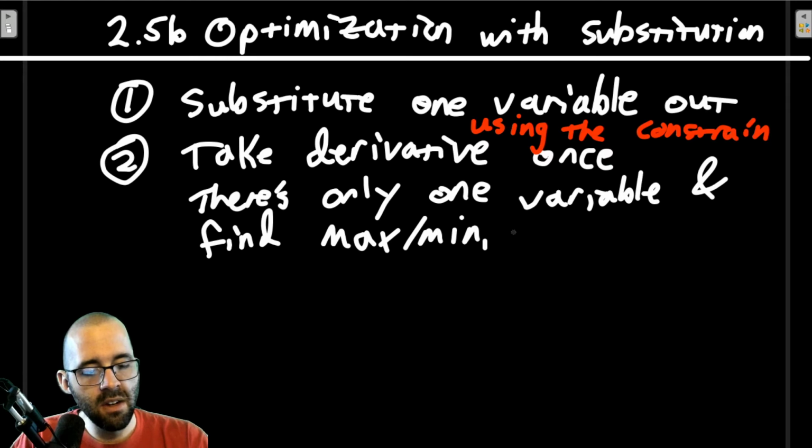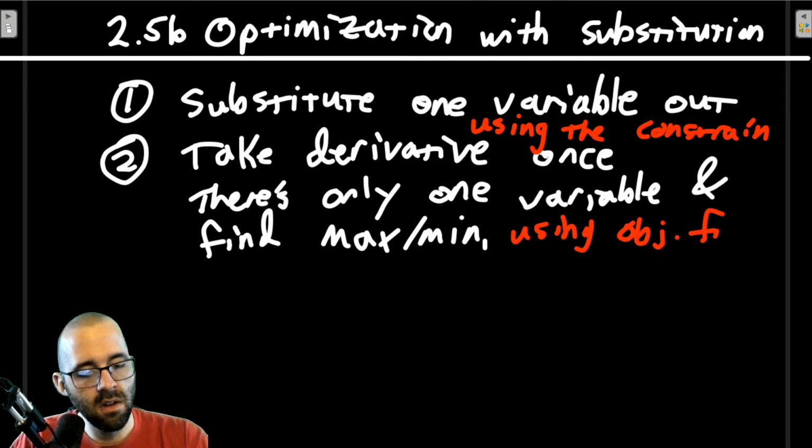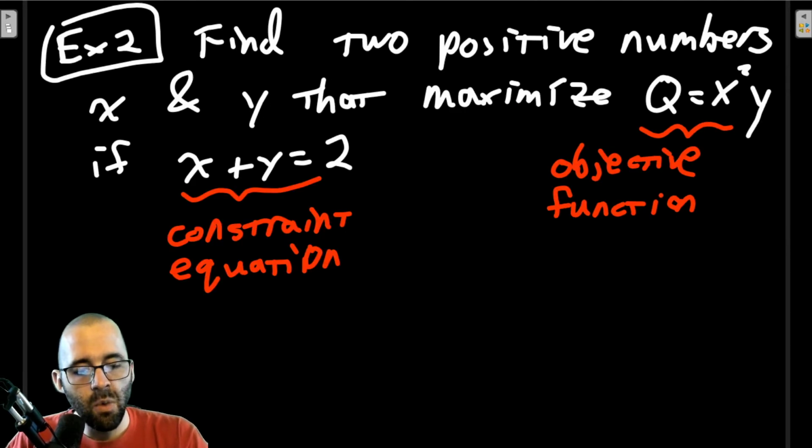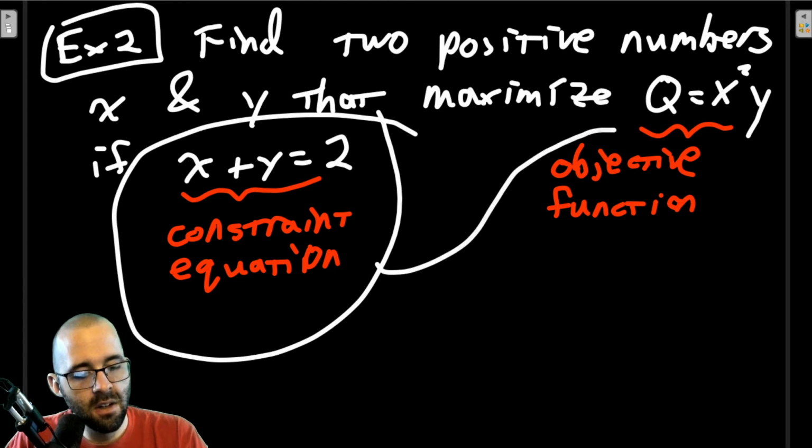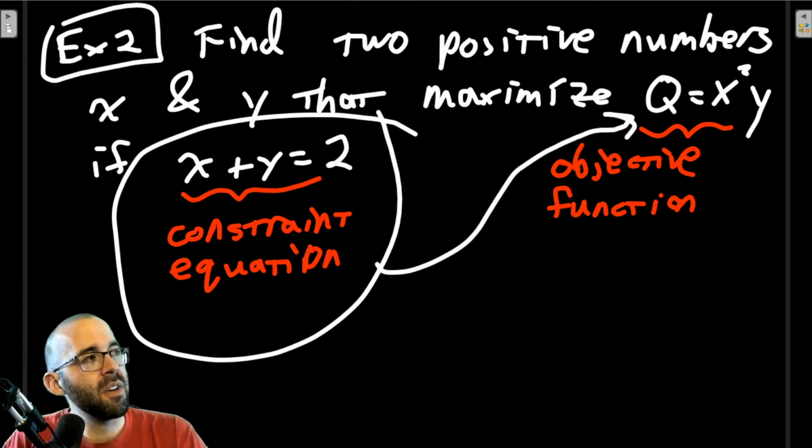And we'll take the derivative using the objective function. All right. So we're going to start by trying to substitute with our constraint equation. We need to use substitution from the constraint equation to remove one variable from our objective function.